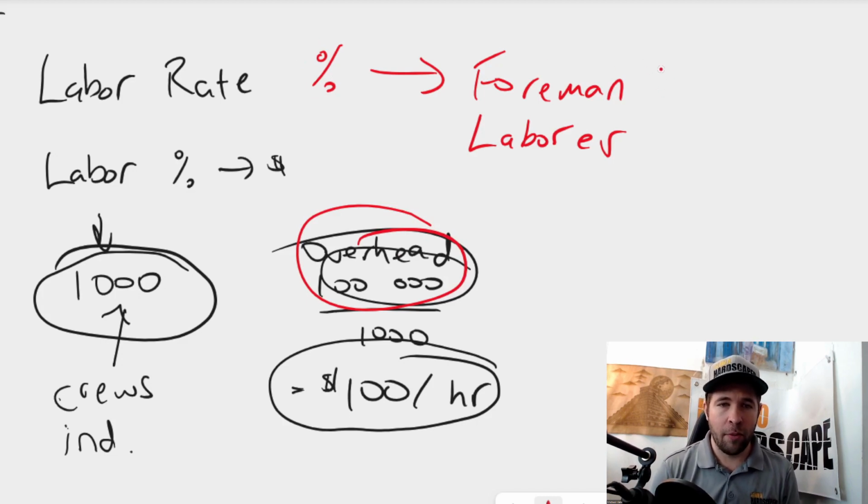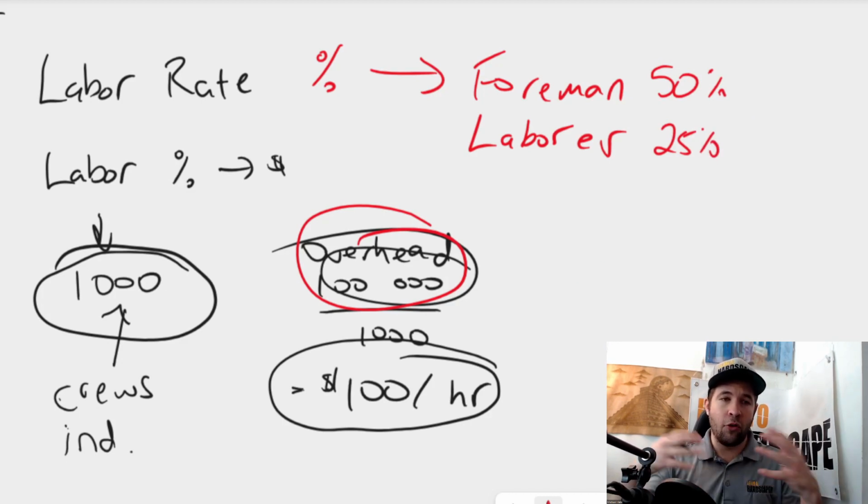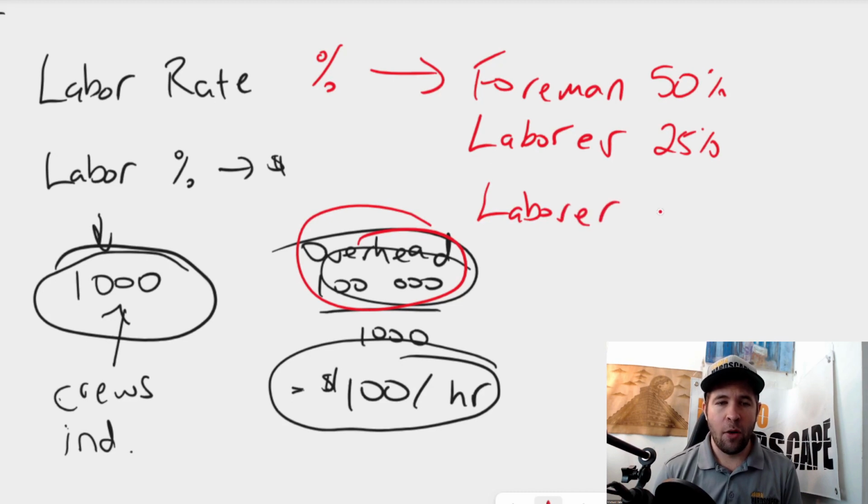For example, for our foreman, we might allocate 50% of our overhead for that specific project, and maybe 25% to our laborer. And that's how we create these graduated percentage points to recover our overhead through these different positions, depending on however many positions we have within the business. And that would get us our 100% for a specific project.